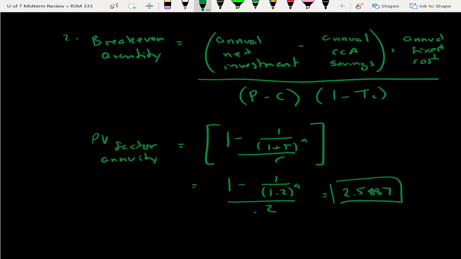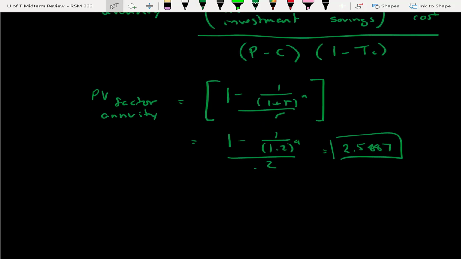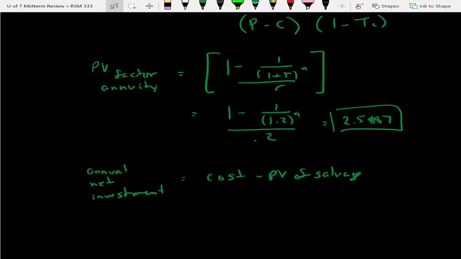So let's first calculate the annual net investment. This will be the cost minus the PV of the salvage: whatever you're going to pay for the asset minus what you're going to get back at the end.